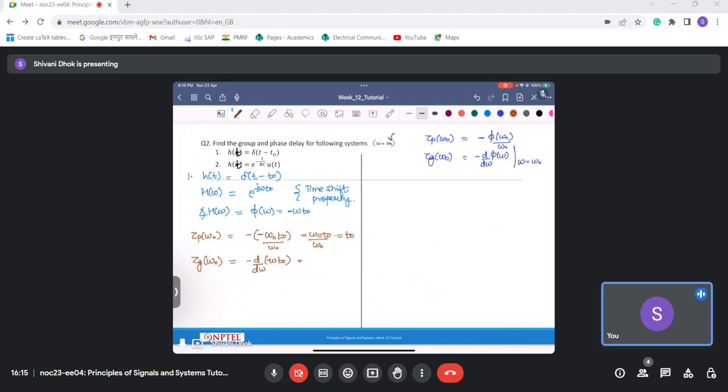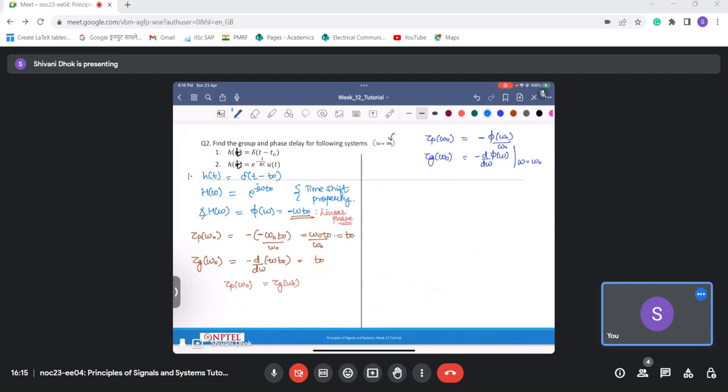So this comes out to be t naught. So now if you observe carefully, this phase, that is angle of H of omega, that is phi of omega, is basically a linear function. So this is linear phase, and you can observe here that my tau p of omega is equal to tau g of omega. Therefore, for a linear phase system, the group and phase delays are equivalent or equal.